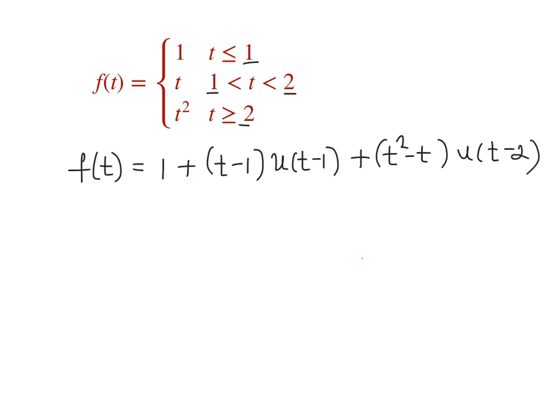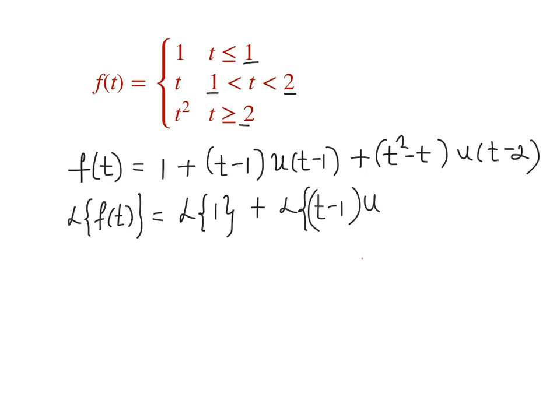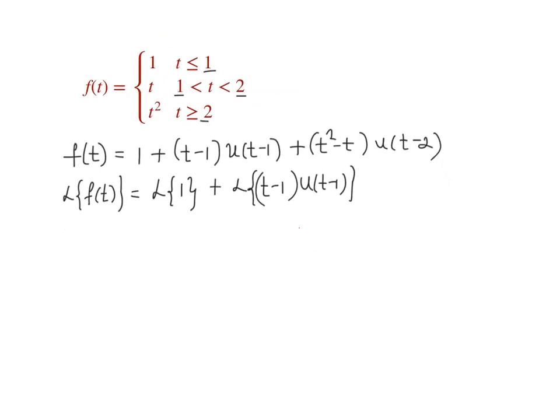Then we find the Laplace transform of this. So, the Laplace transform of this f of t, operating L on both sides for every term: Laplace transform of 1, Laplace transform of t minus 1 into u of t minus 1, then Laplace transform of t square minus t into u of t minus 2.